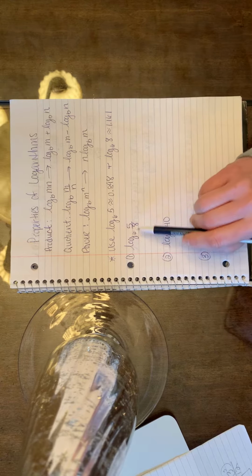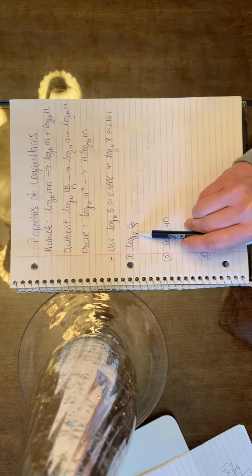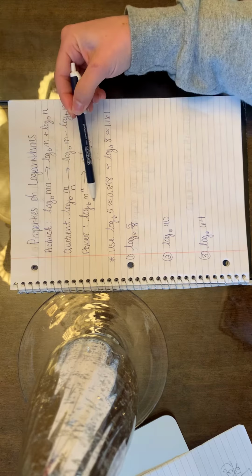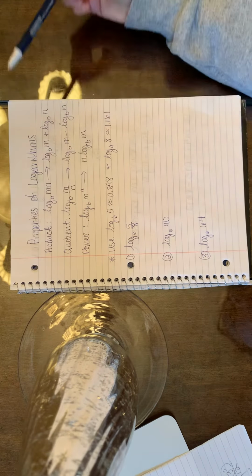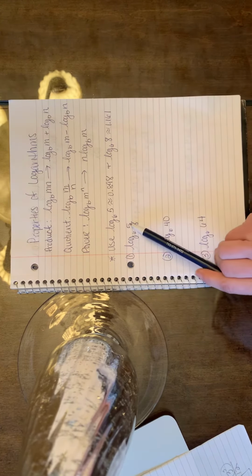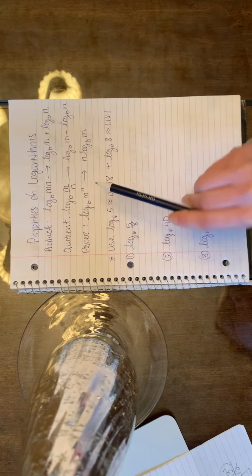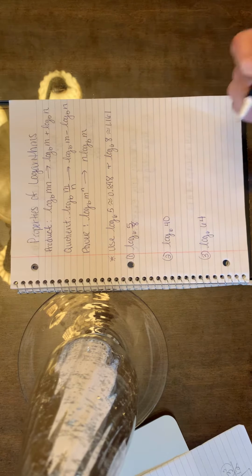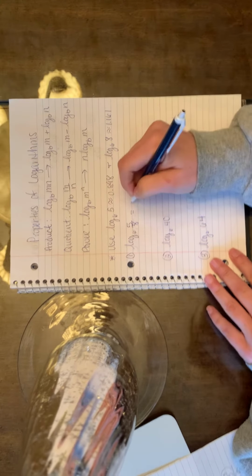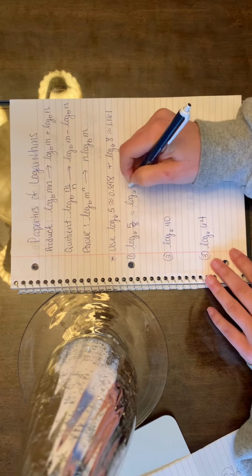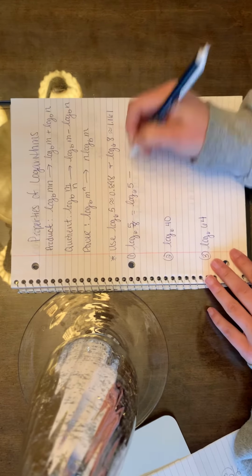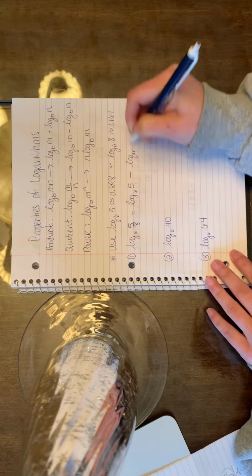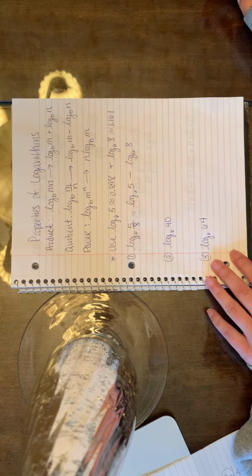Okay, so we're going to use those numbers. Looking at our first example, log base 6 of 5 over 8, this is considered what type of rule? The first, second, or third? Well, it would be the second, the quotient rule. You have division here, so you need to use subtraction. This is going to be equal to log base 6 of 5 minus, because that's the rule for quotient, log base 6 of 8.